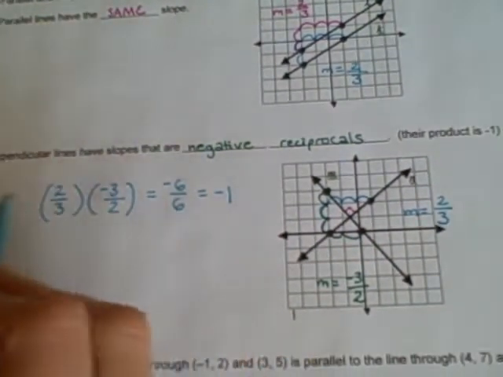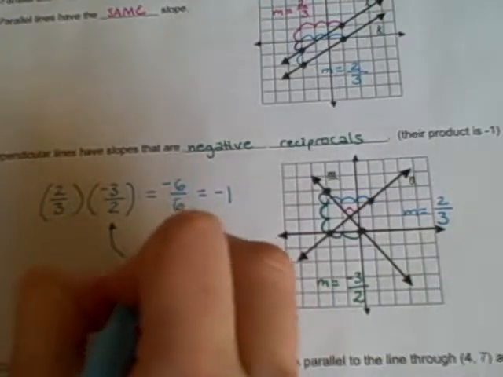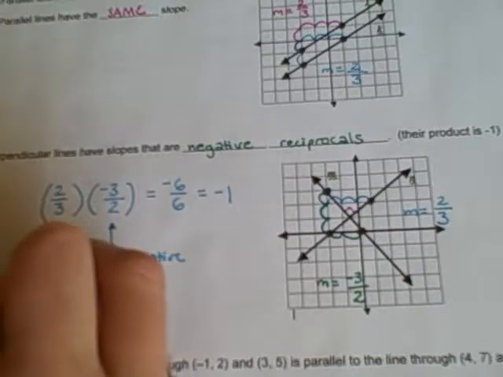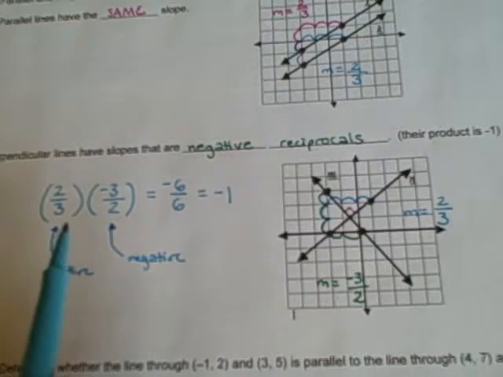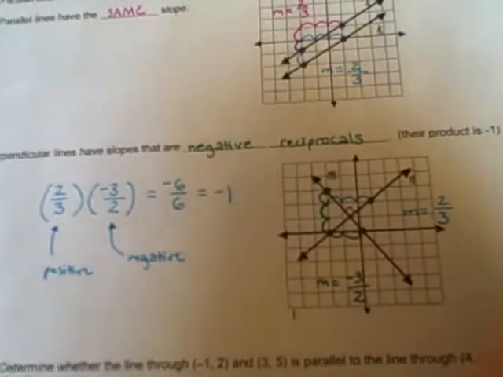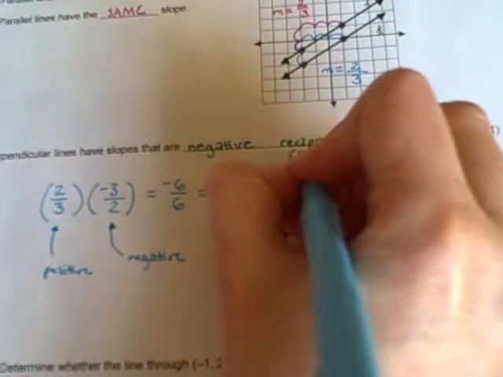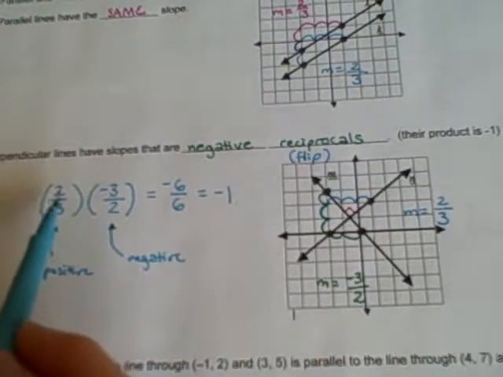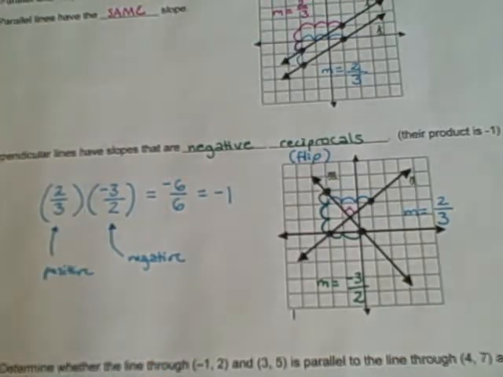Negative means that they have the opposite sign. This slope is negative, and this slope was positive. And they're reciprocals. You can think of that as flipping, 'refliprical,' I like to say sometimes. So they're flipped fractions. Here the 2 is on top, the 3 is on the bottom. Here the 3 is on top and the 2 is on the bottom. So negative reciprocals.